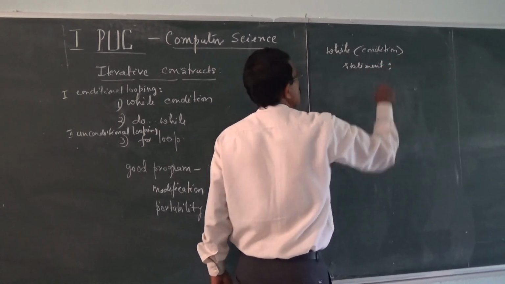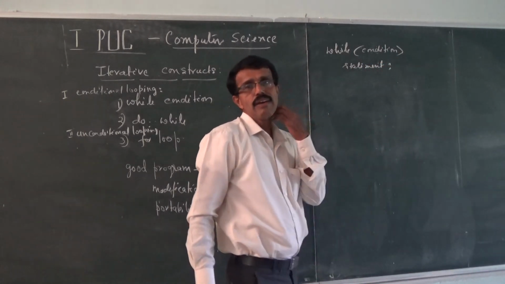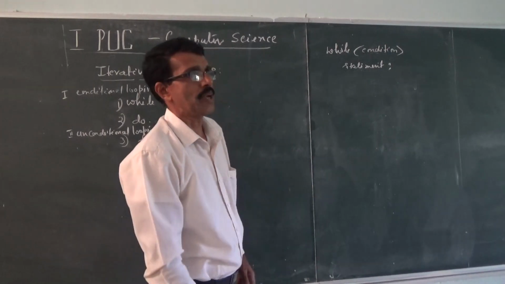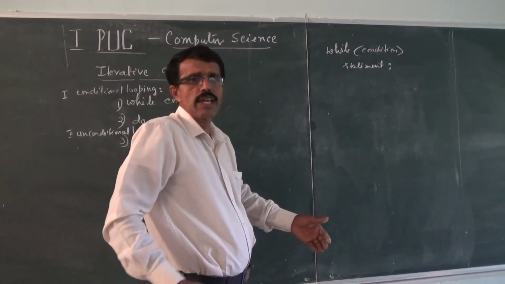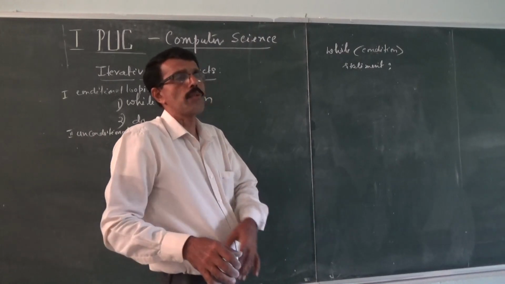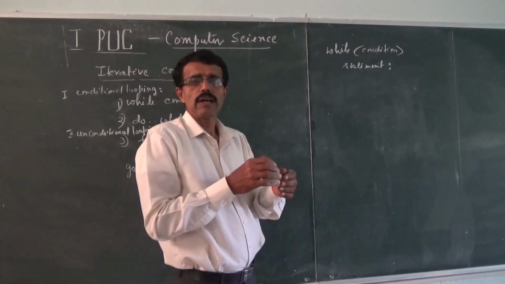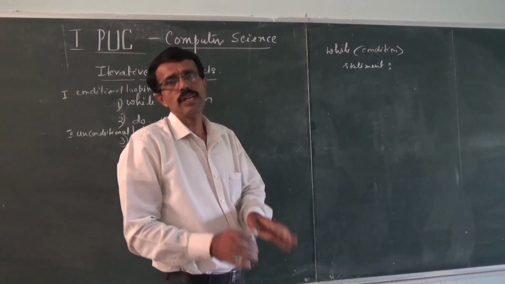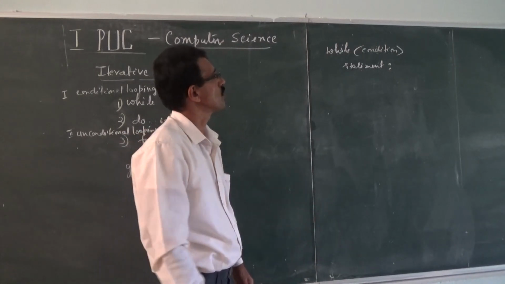Simple statement. Statement means maybe a compound statement or a simple statement. If more than one statement is tied together, it becomes one compound statement. If it is only one statement, that is definitely a simple statement.